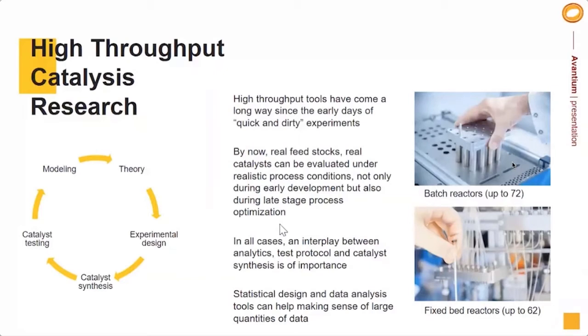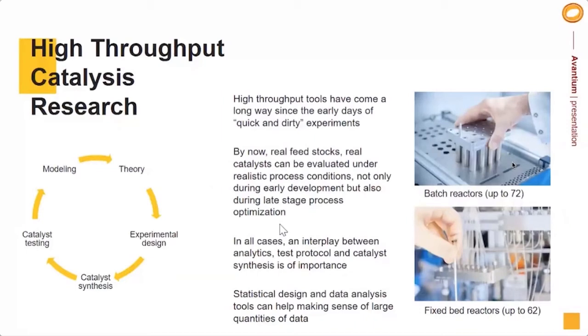Today, what we can do is really look at real feedstocks and real industrial catalysts. Avantium has a whole library of thousands of industrial catalysts, so we can test them. We can also test them under realistic conditions, both for early stage development, but also really to find this 1 or 2% extra reactivity to optimize your process.